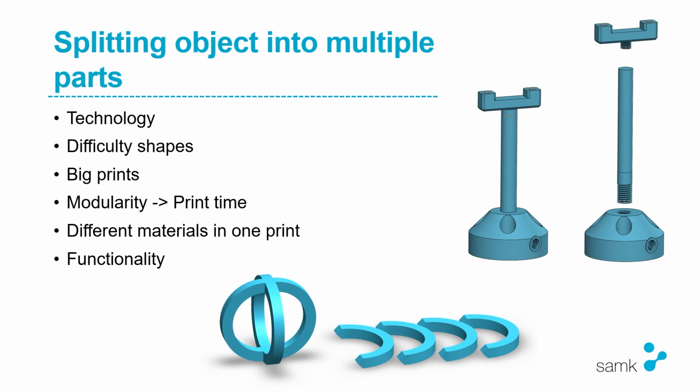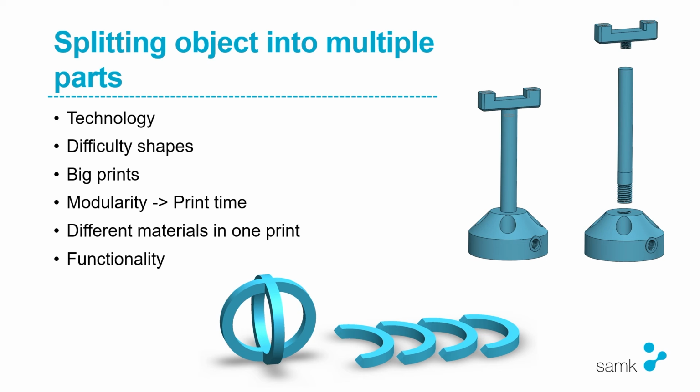You should split your part into several parts if it's a difficult shape, like the one below. If you split it into different parts and then just assemble it, you will get more accuracy and more details. It will become a nicer looking part.